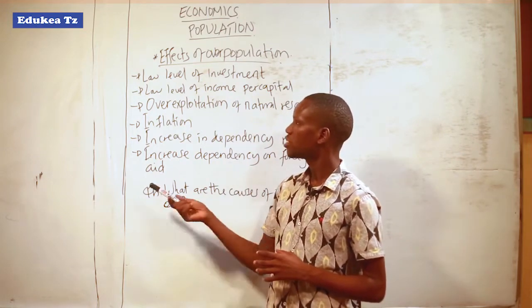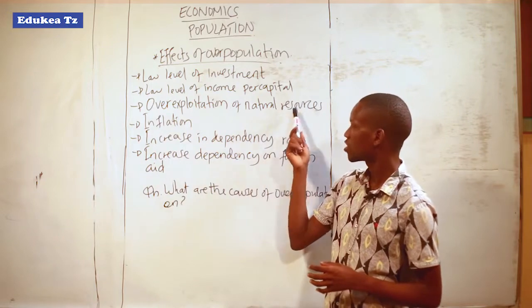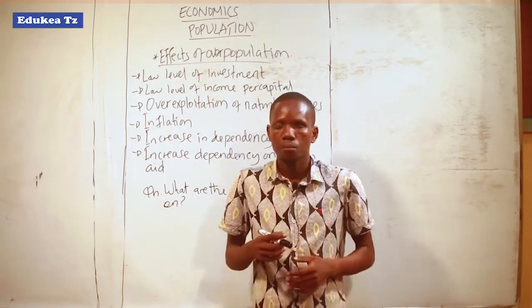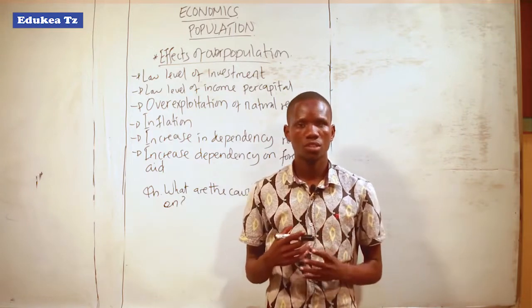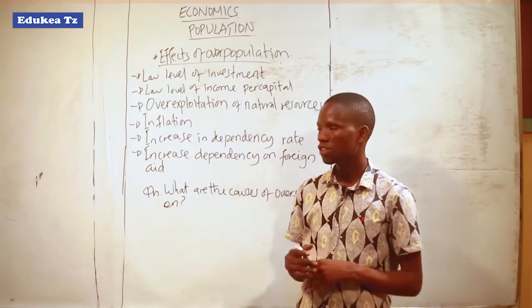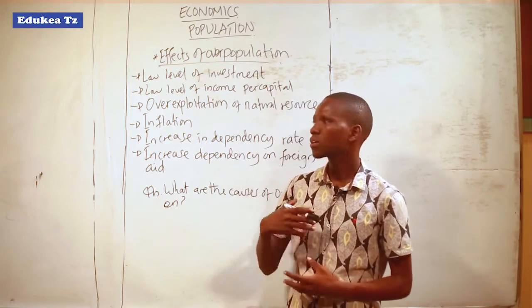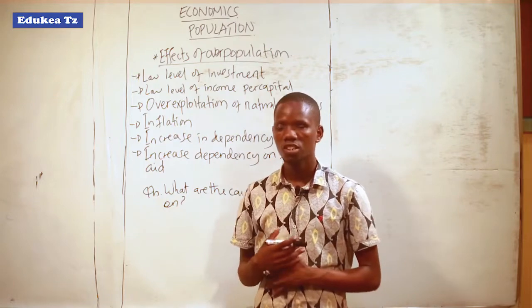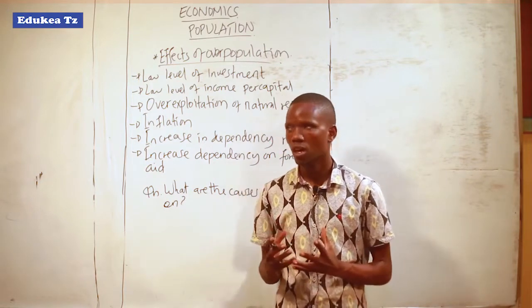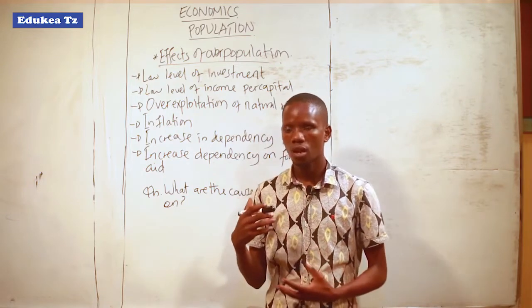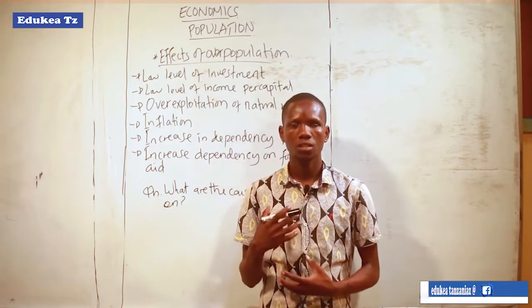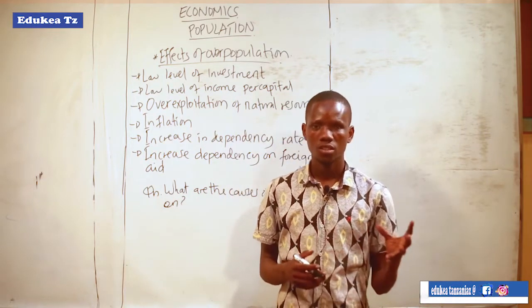Also, overpopulation leads to overexploitation of natural resources. Overexploitation means the utilization of the resources to an extent that was not expected. It means the maximum use of the resources beyond what they can recover. If there are forests, when people engage in different agricultural activities like crop cultivation, they must clear the trees.